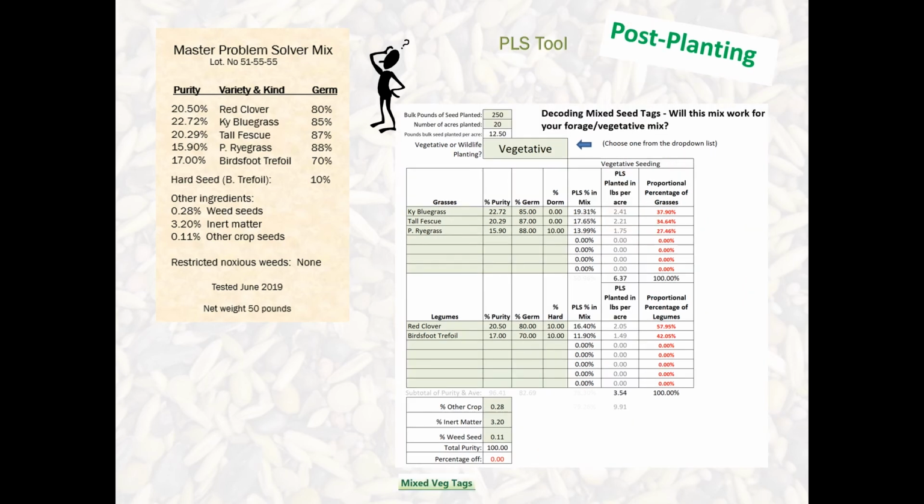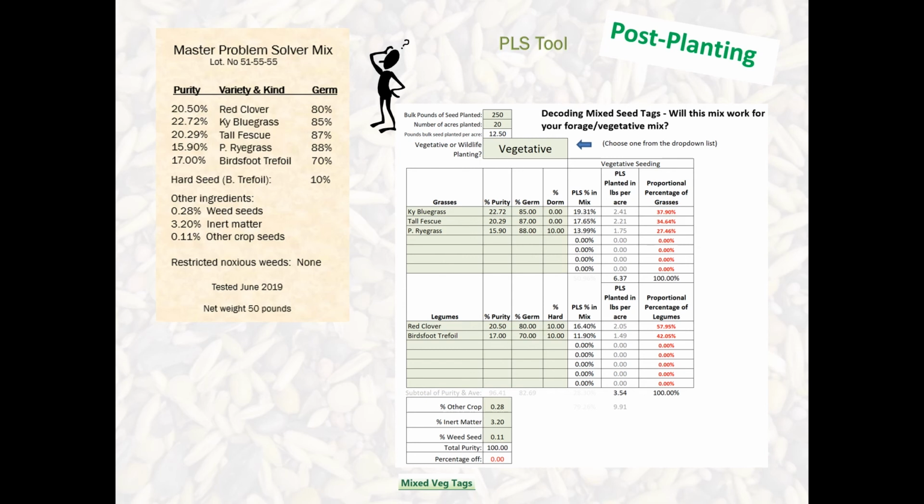Now, somebody brought this tag in and they said that this is what they planted. And if you know how many total pounds were planted and on how many acres, then you can see if they planted enough seed by following this procedure.